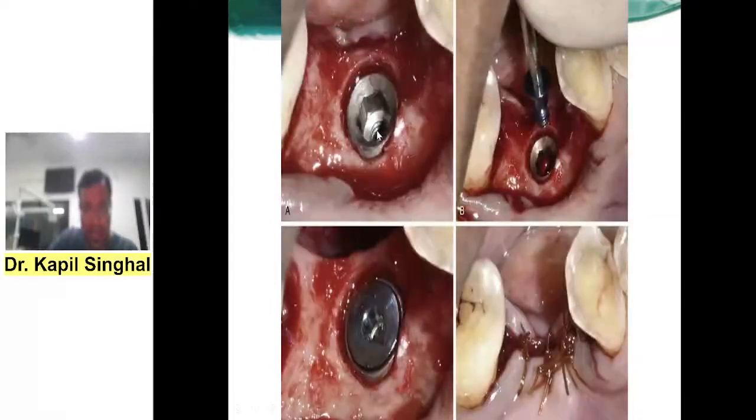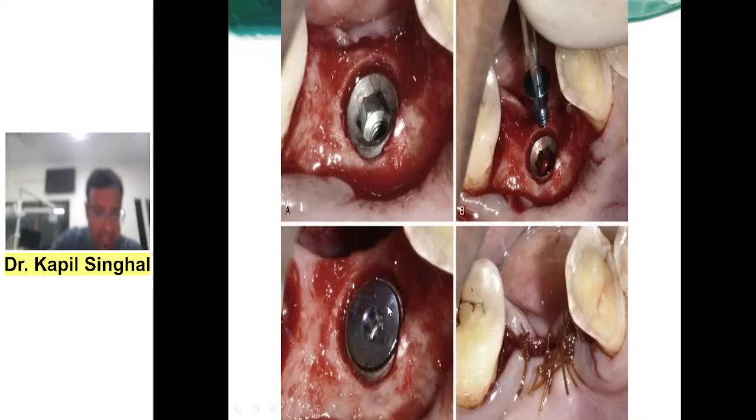Now if you see here, in picture A, the implant is placed in the bone. Then you hold this cover screw with the hex driver and place it over the implant, and then you torque it with this hex driver so that the cover screw is placed over the implant.